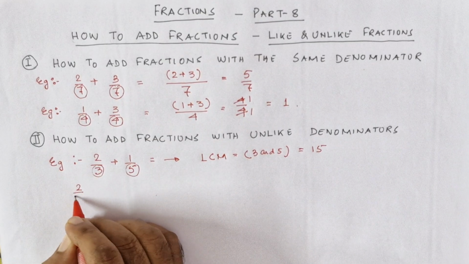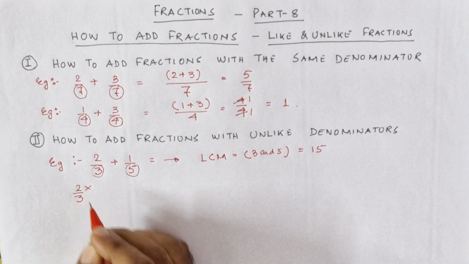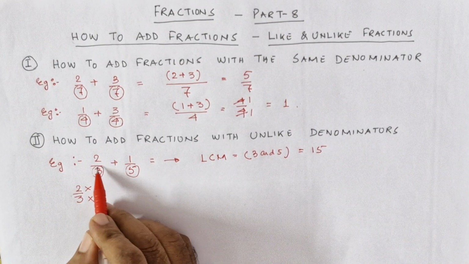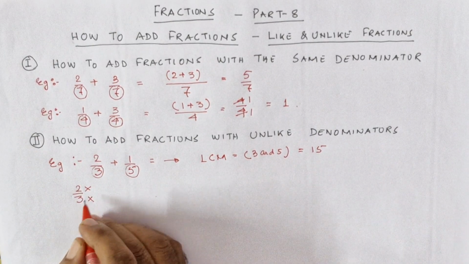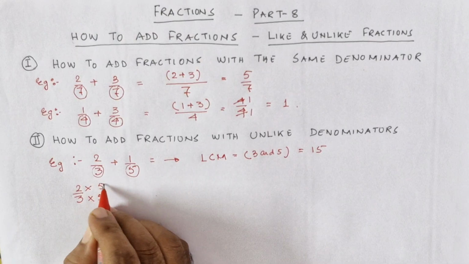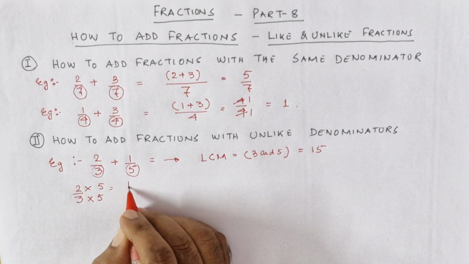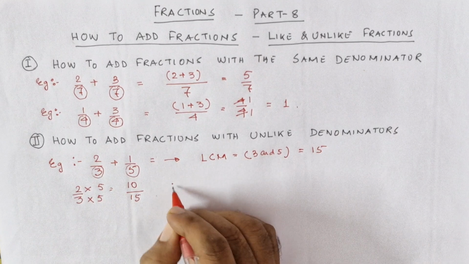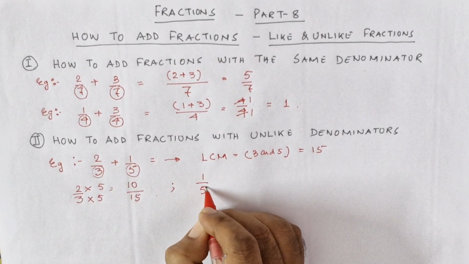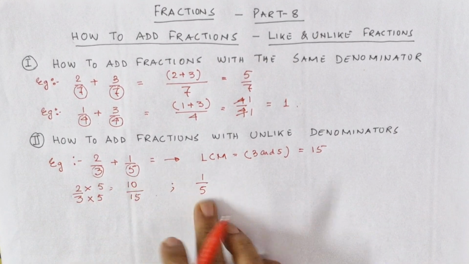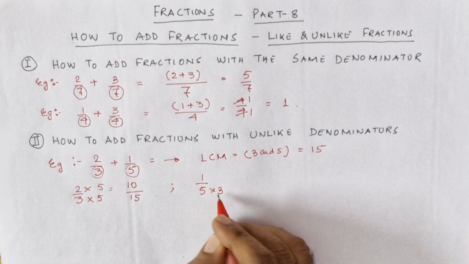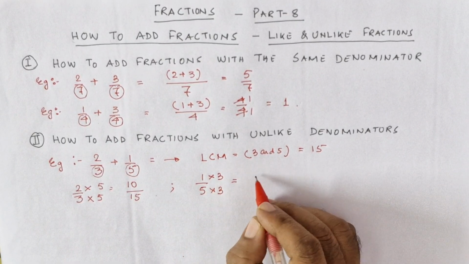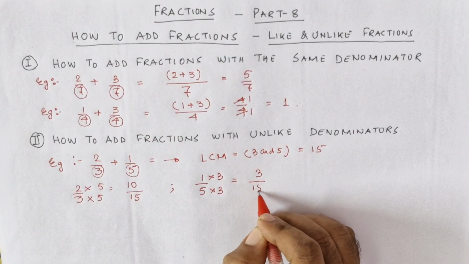So for 2 by 3, you need to multiply both the numerator and denominator in such a way that the denominator becomes 15. So multiply by 5, and it becomes 10 by 15. You need to convert the other one as well. So 1 by 5, if you multiply by 3, the denominator becomes the LCM, so you need to multiply the numerator by 3 as well. So it becomes 3 by 15.